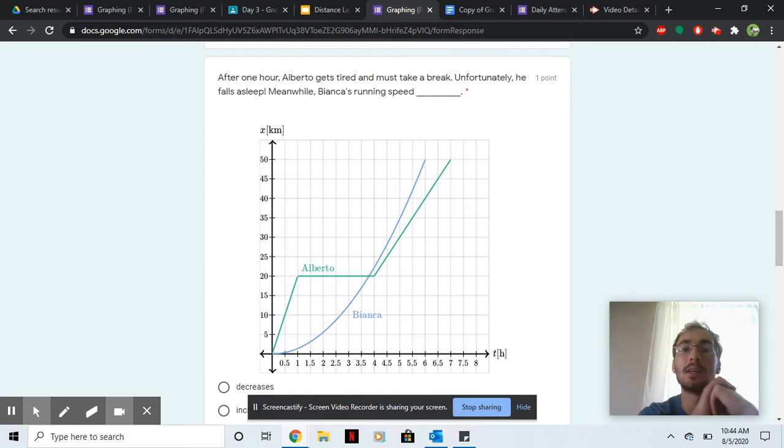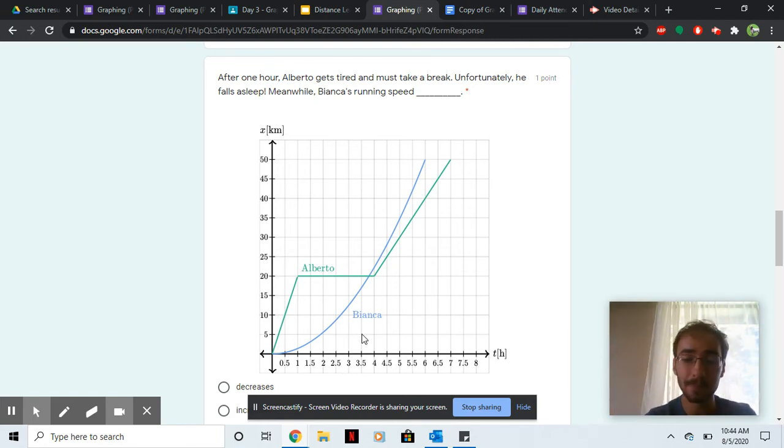Now Bianca's speed. After 1 hour, Alberto gets tired and must take a break. Unfortunately, he falls asleep. Meanwhile, Bianca's running speed either decreases, increases, or stays the same. A way to figure this one out: if something is decreasing, it'll be sloping down. We know Bianca's speed isn't going down, so it's not decreasing.